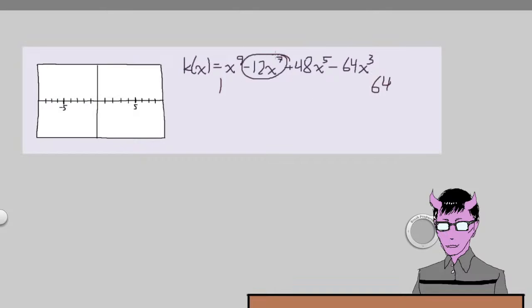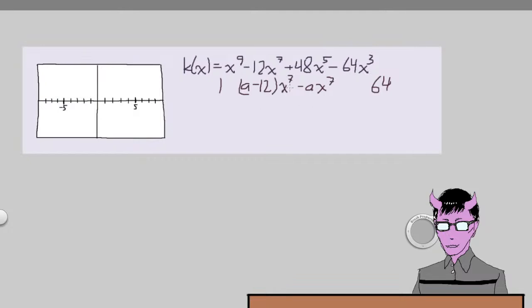We can potentially split this into, for example, something like a minus 12x power 7, and then we have also minus a x 7.